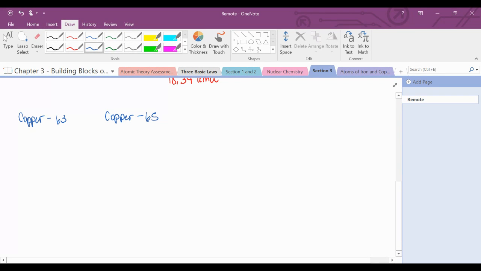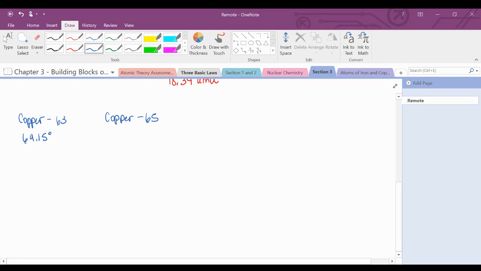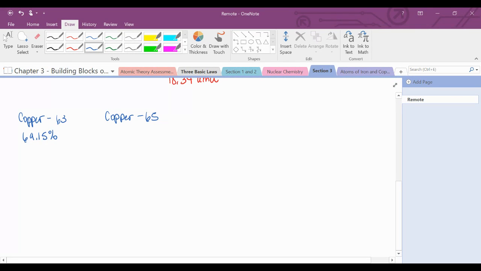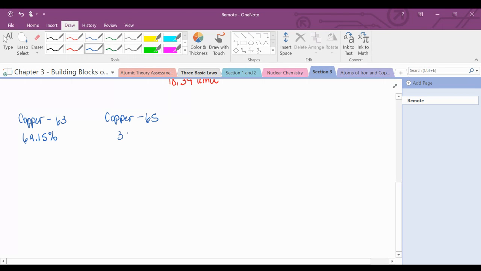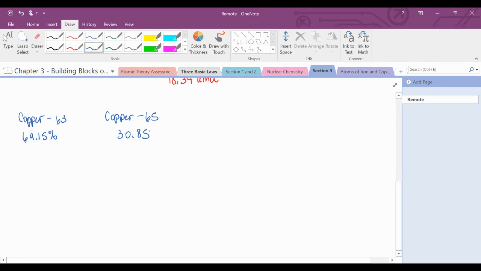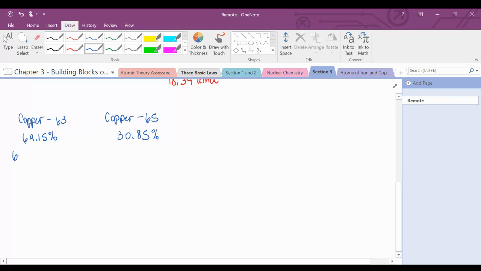Copper 63 is 69.15% abundant, and copper 65 is 30.85% abundant. But this time, instead of giving you the mass number, I want to give the actual mass values. So the actual mass value for copper 63 is this value.